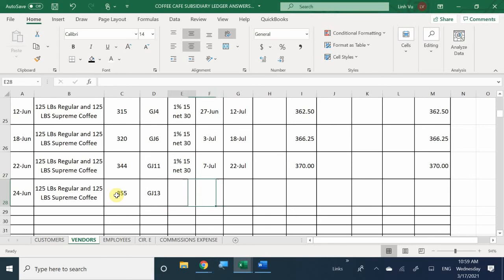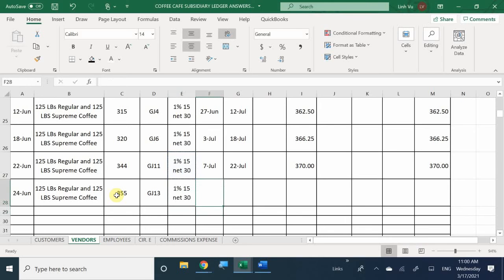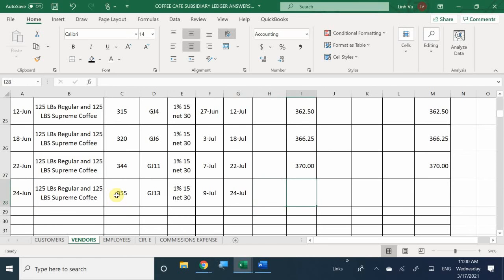My terms are 1% 15 net 30. So what is my discount due date? July 9th. Perfect. My invoice amount or my bill amount is 375. Good. And of course, we didn't make a payment yet, so we owe an additional $375.